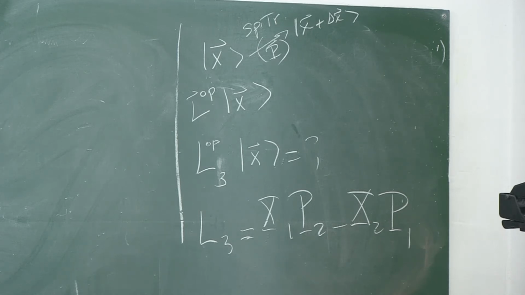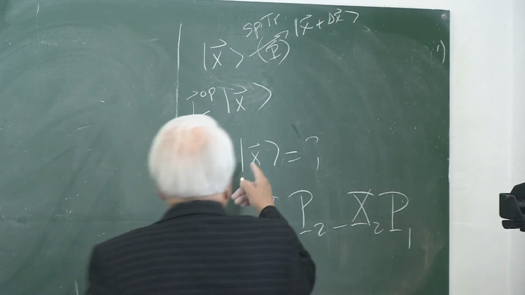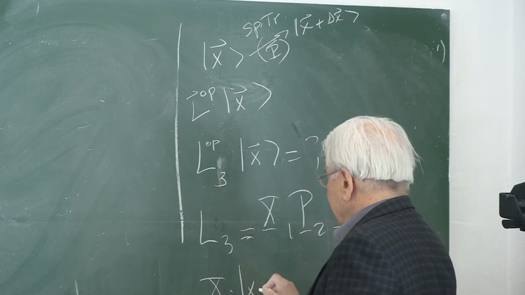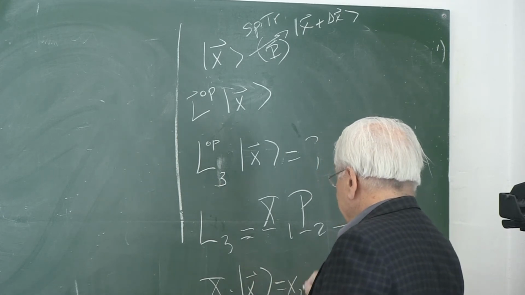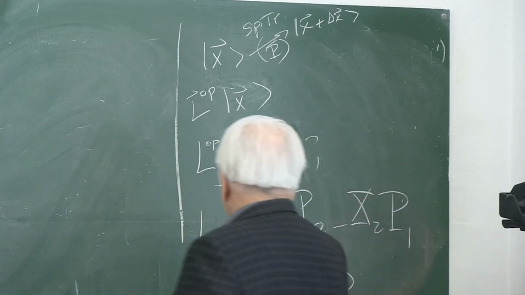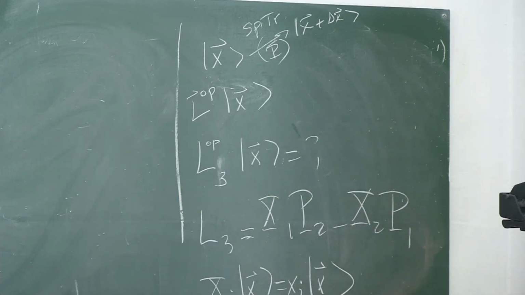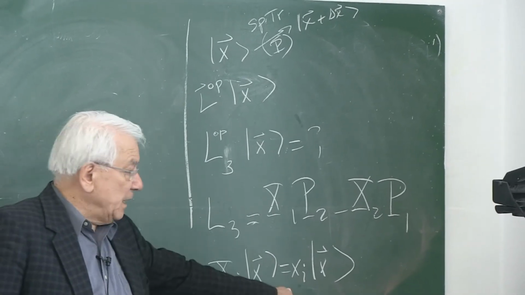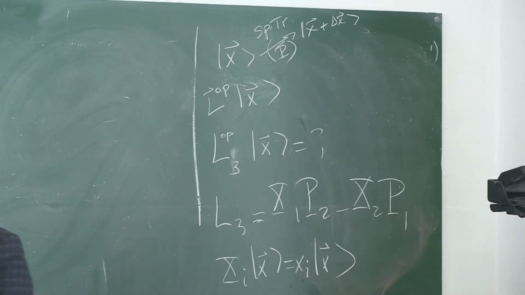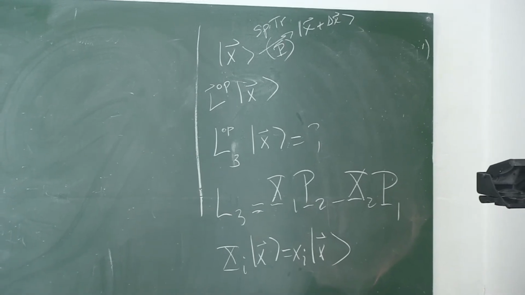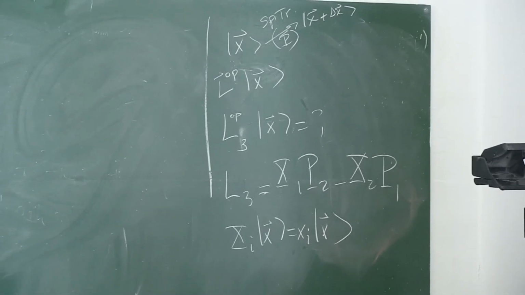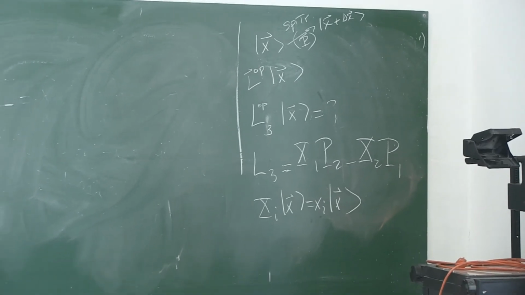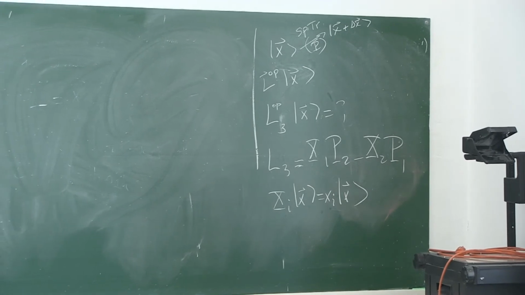And X is the position operator eigenvector basis. Therefore, these are defined as capital Xi acting on x gives little xi times x. That's the definition of the position operator eigenvector bases. That is, if this is capital X1, this is little x1, capital X2, little x2. This is a common eigenvector of the three components of the position operator. Remember, when we were discussing it, we spent some time saying that the X1, X2, and X3 operators commute.